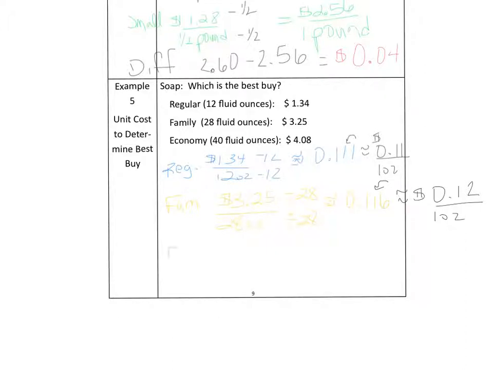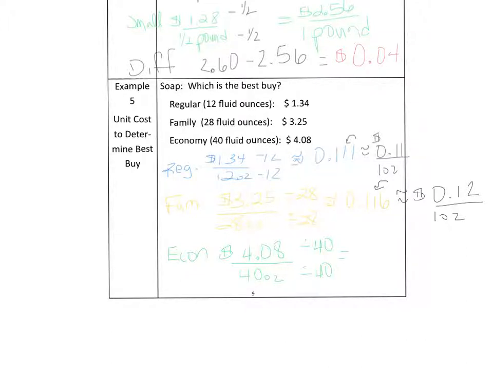Now we have the economy size, where you're going to have half the neighborhood coming over. You got to wash dishes, which is $4.08 for 40 ounces. And we divide both by 40, because we're trying to get to 1 ounce.